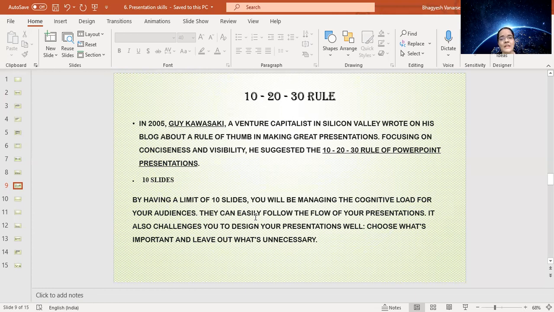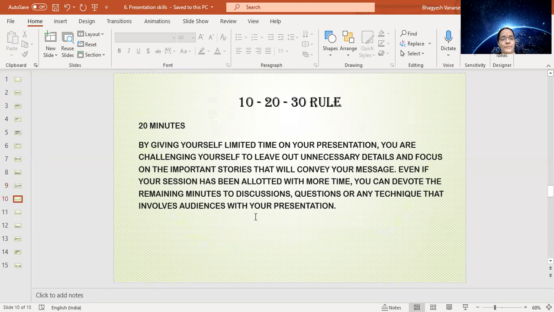With 10 slides, the audience can easily follow the flow of your presentation, and it will challenge you to design your presentation well, choose what's important, and leave out what is unnecessary. So your 10 slides should be so concise that they cover all the aspects of the presentation but do not miss the important parts. The 20: a 20-minute presentation is very impactful.